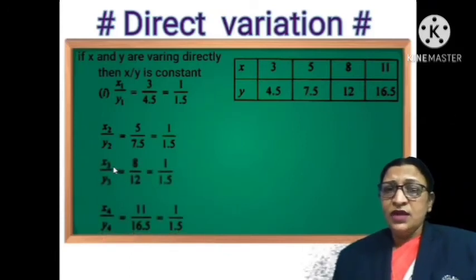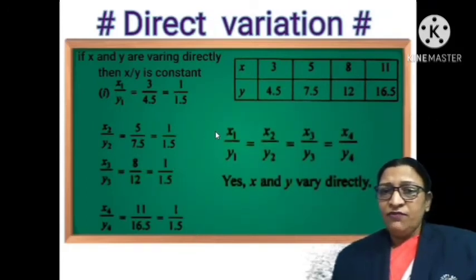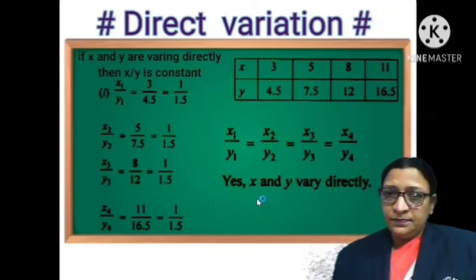In the next case, x3 upon y3 is equal to 8 by 12 is equal to 1 by 1.5. And lastly, x4 upon y4 is equal to 11 upon 16.5 is equal to 1 upon 1.5. Here in each case, x1 upon y1 is equal to x2 upon y2 is equal to x3 upon y3 is equal to x4 upon y4. So we say yes, x and y vary directly.